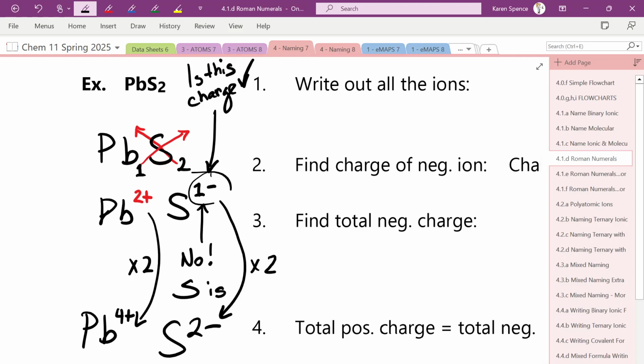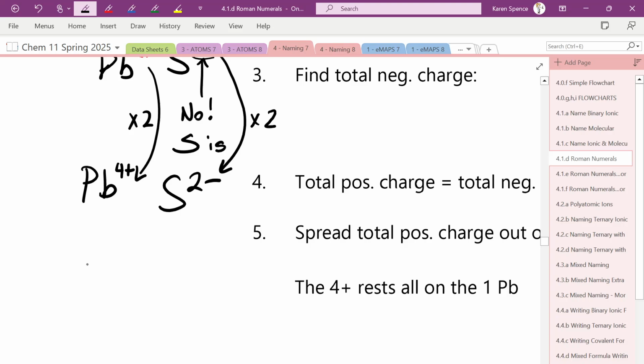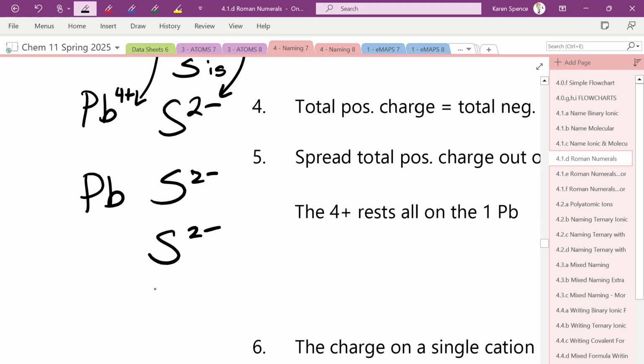Personally, I don't love the uncrisscross because I feel like you're using a magic method rather than understanding what's going on. Do you know what I mean? Like I feel like if you were to write out, I have 1 lead and I have 2 S's and each S is 2 negative, then that gives me 4 negative.